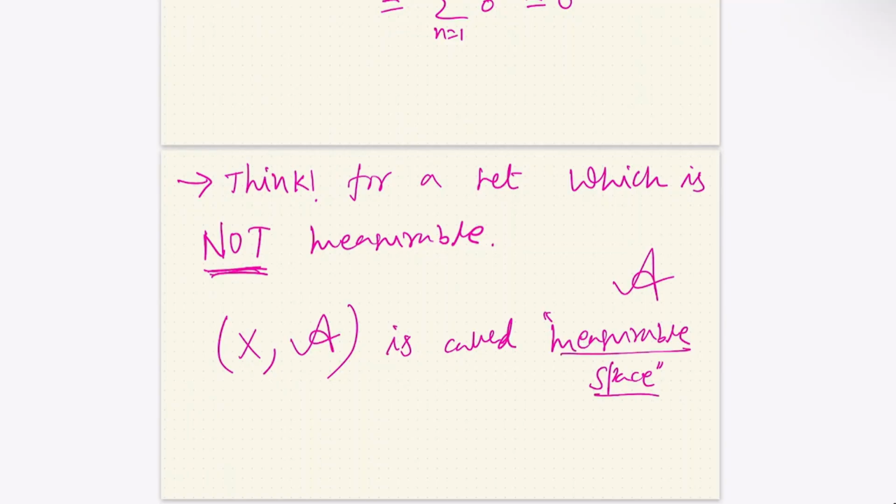This is so important, that is where the sigma algebra comes into the picture. So why we call it a measurable space is for some reason.